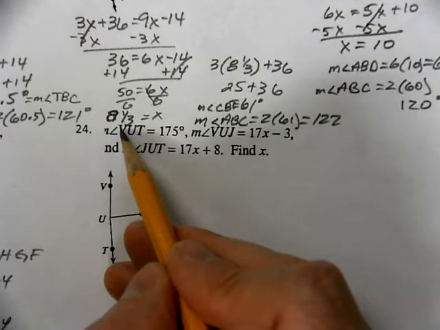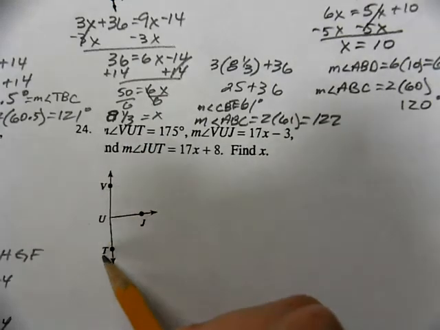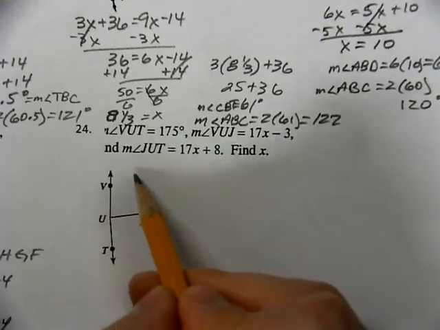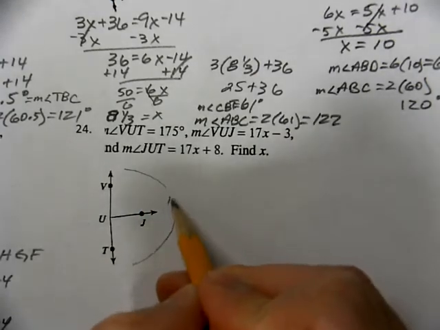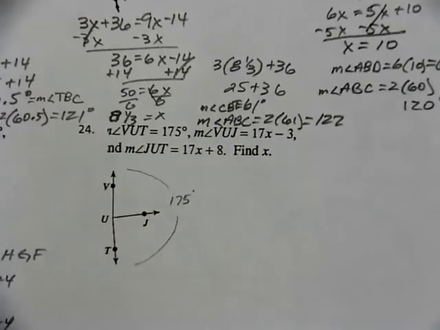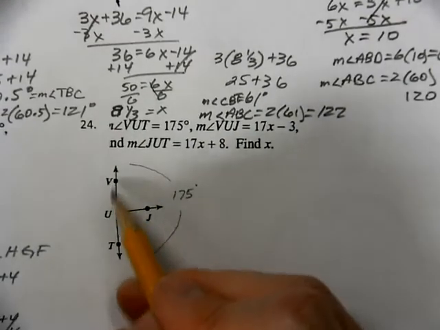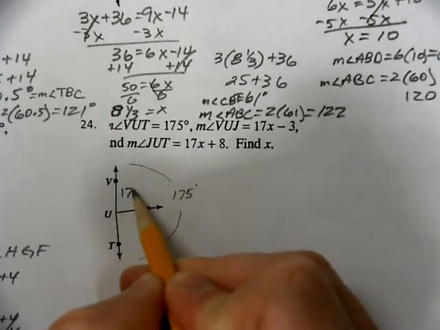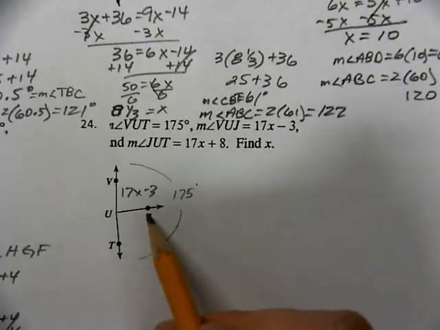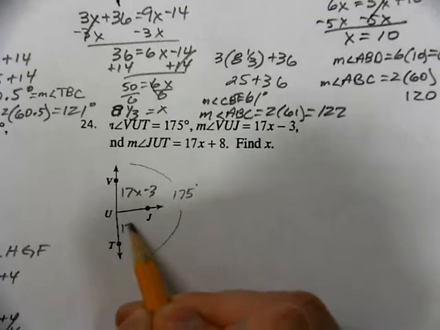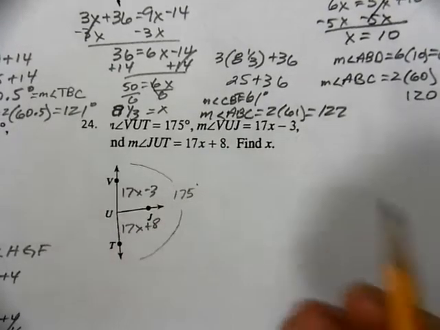On this side, we see that VUT, the whole thing, is almost 180, but not quite. Almost looks like a straight angle. They're saying that that's 175. VUJ is 17x minus 3, and JUT is 17x plus 8.